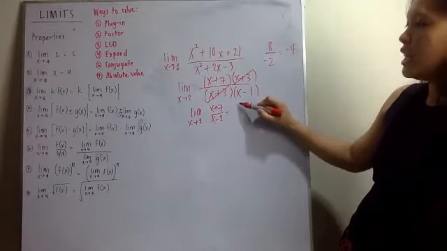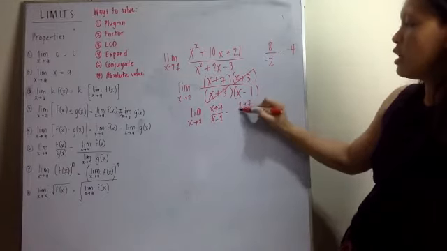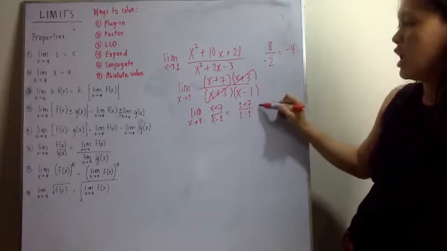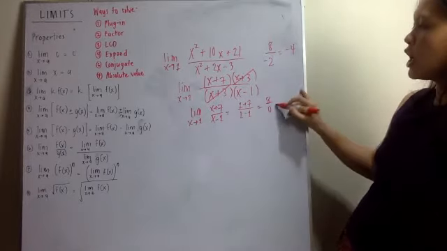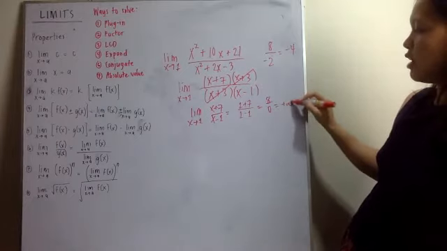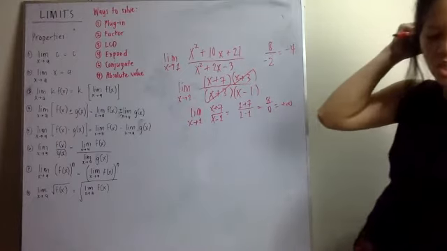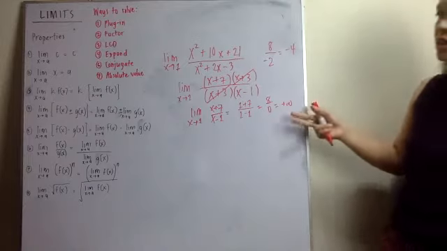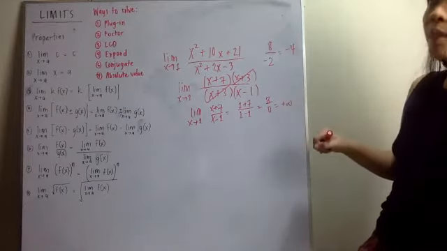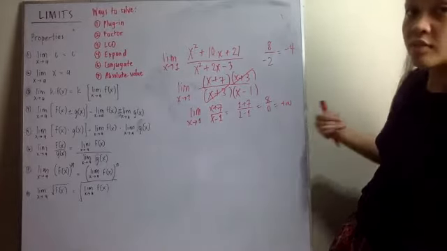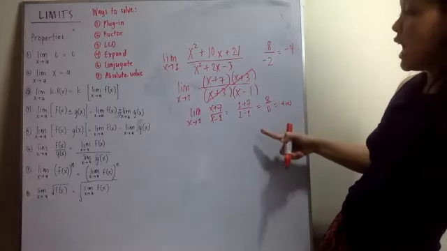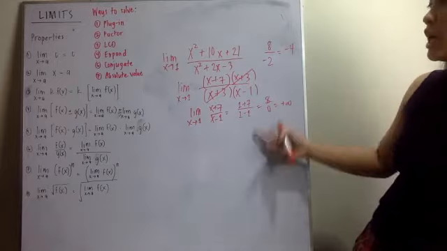If you plug in 1 plus 7, 1 minus 1, that will give you 8 over 0 or positive infinity. So actually, in this case, hindi natin sinasabing positive infinity. We say na since it approaches positive infinity, does not exist yung limit.